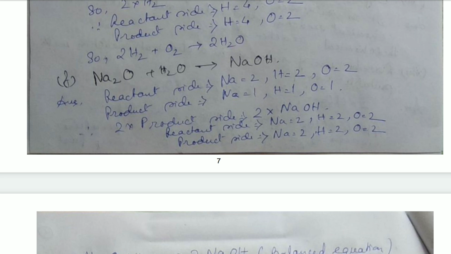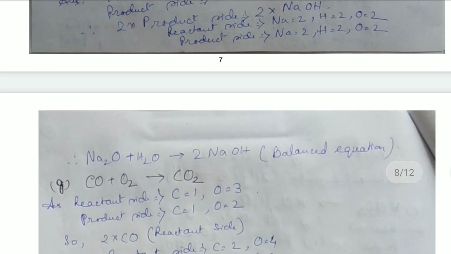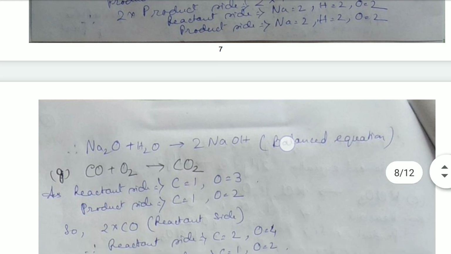So it becomes 2Na, 2H and 2O on the product side, and it is also like that on the reactant side, that is Na is equal to 2, H is equal to 2 and O is equal to 2. Now the equation becomes balanced. So the final equation is Na2O plus H2O gives us 2NaOH. That's a balanced equation.